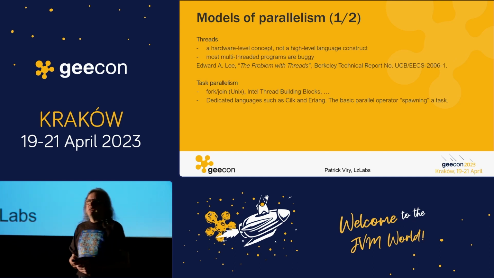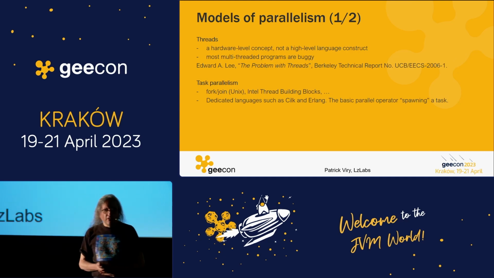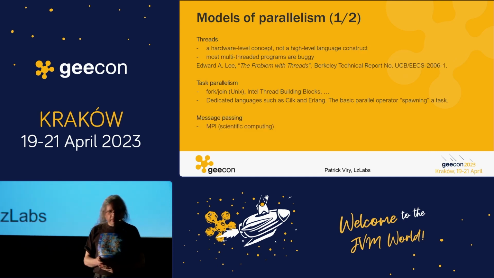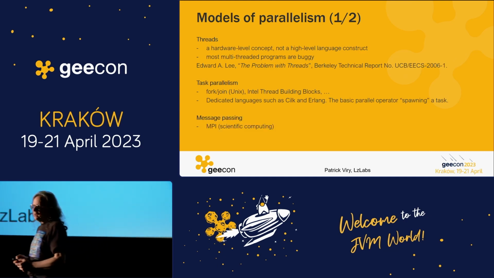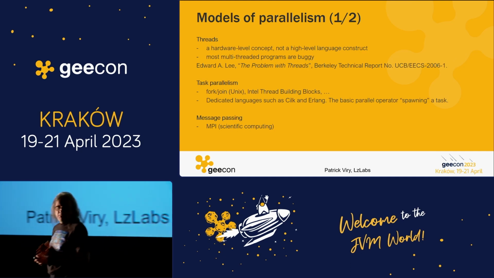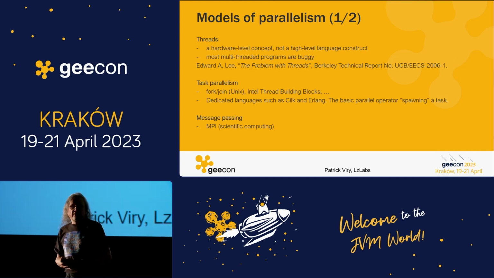Another common model is task parallelism, where the most common activity is to launch threads. You probably have heard of Erlang. A typical Erlang program is going to launch millions of threads. There is message passing. MPI stands for message passing interface.